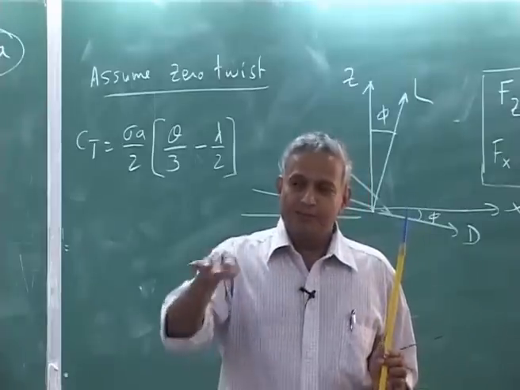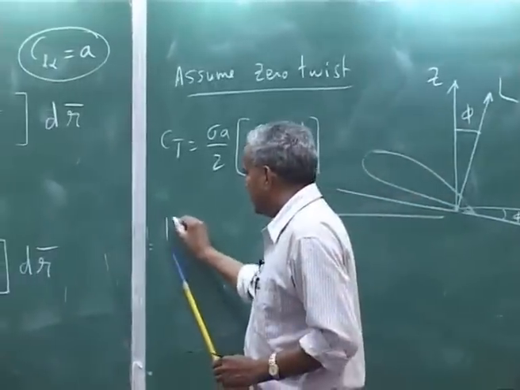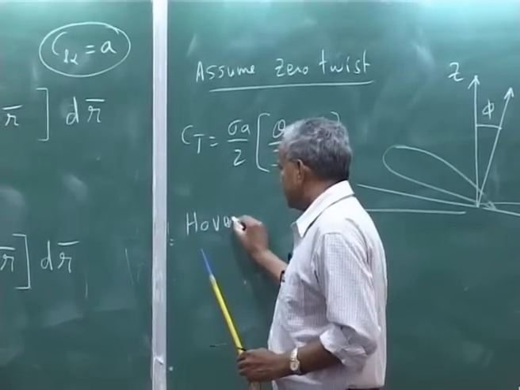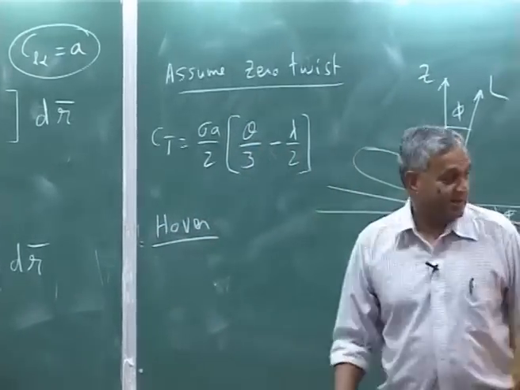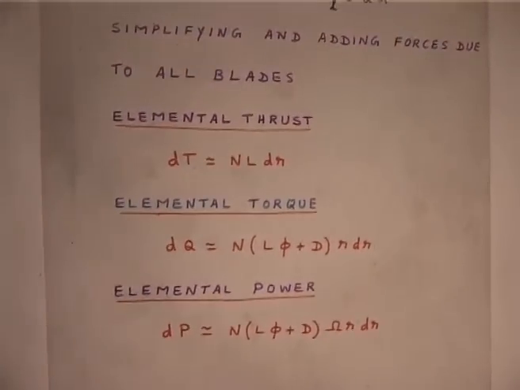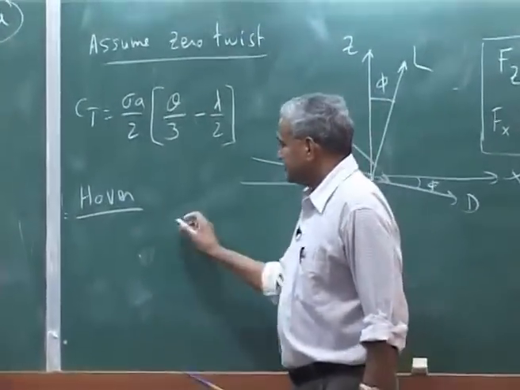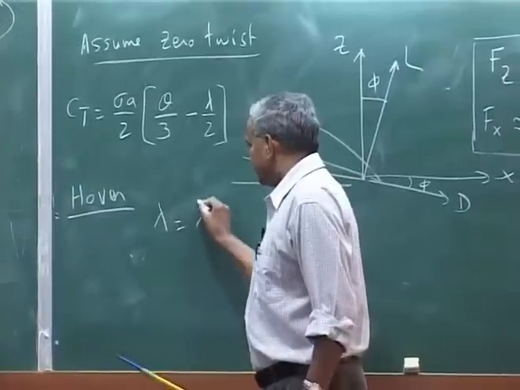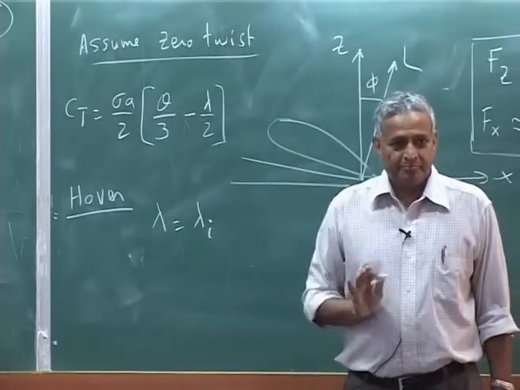If you use momentum theory, assuming hover, I am just going a little, only with this term I am discussing, I have not gone to the other two terms. Zero twist, I am considering hover, then lambda becomes lambda I, that is all, induced, because there is no climb.